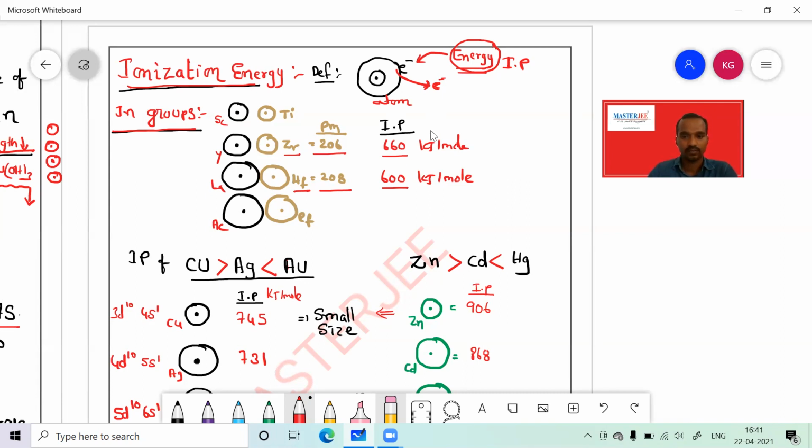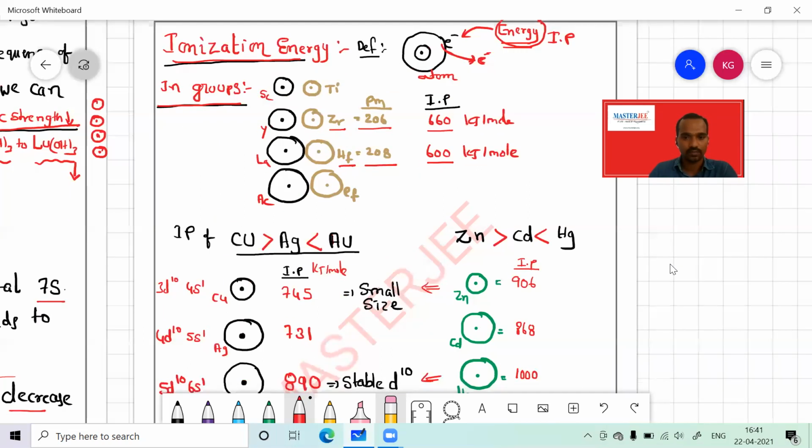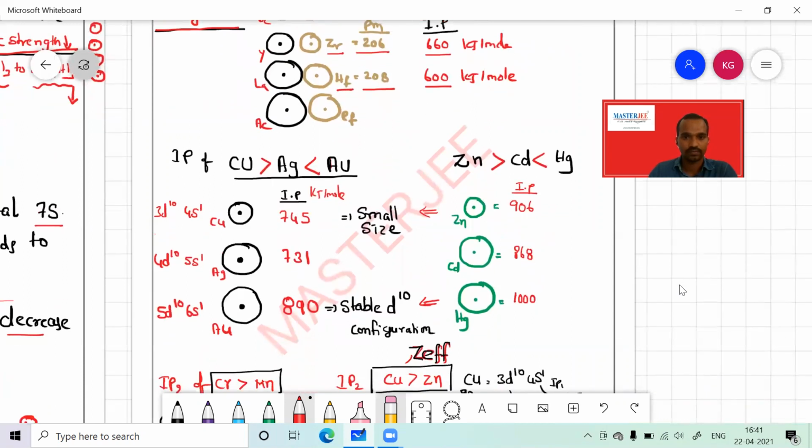Next, one of the examples I explained: see here how ionization potential varies. Copper, silver, aurum, zinc, cadmium, mercury. If you compare these, this is a very important point. When you compare copper, silver and aurum, silver has the lowest ionization potential.